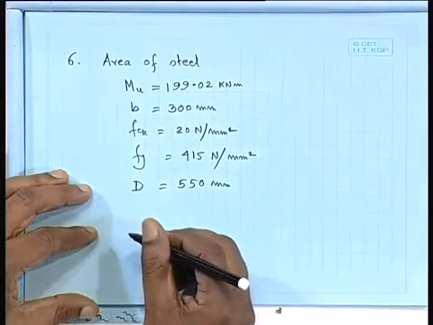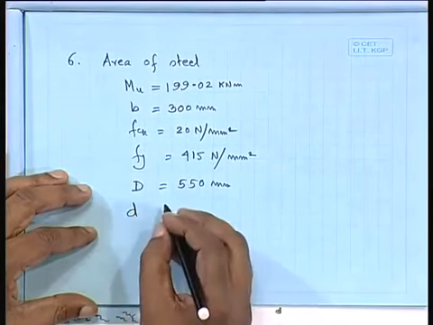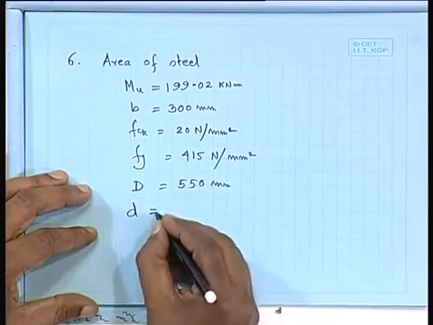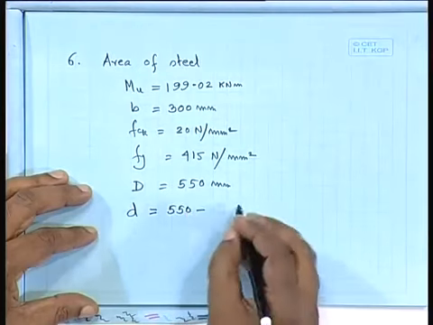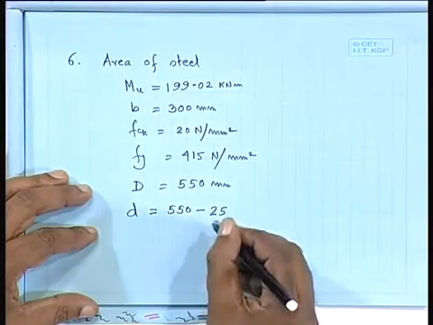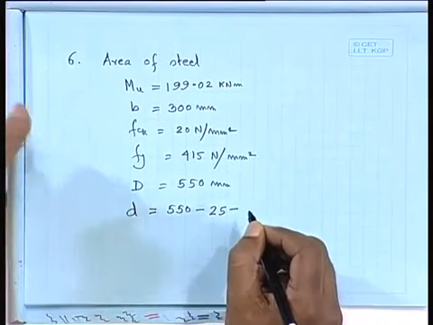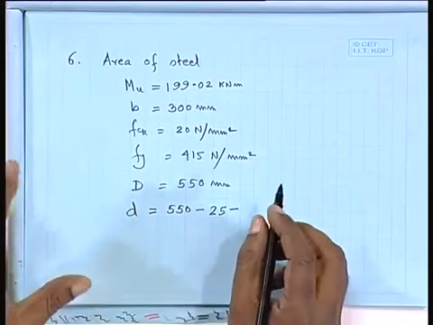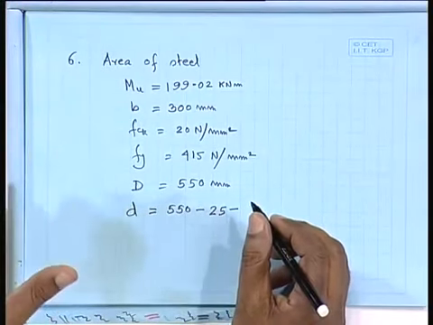So d we can find out here. Effective depth, that we have provided here, 550 minus 25, that is the clear cover, minus, we can take it 20 also. Let us try with 20. I mean to say that we shall provide 20 millimeter dia bar.